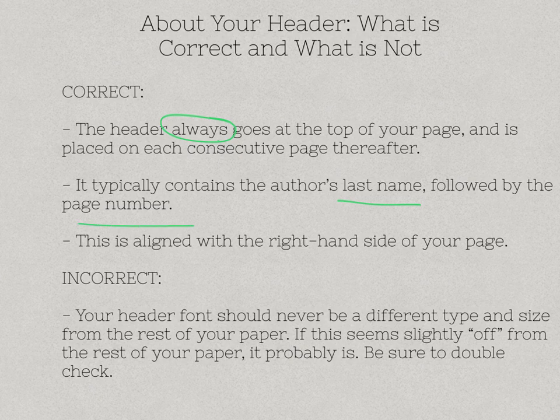This is aligned with the right-hand side of your page. Your header font should never be a different type and size from the rest of your paper. If this seems slightly off from the rest of your paper, it probably is. Be sure to double check.